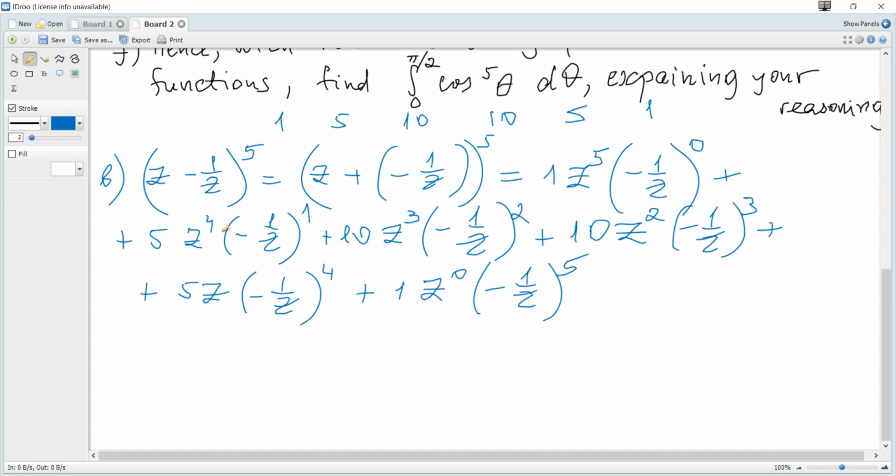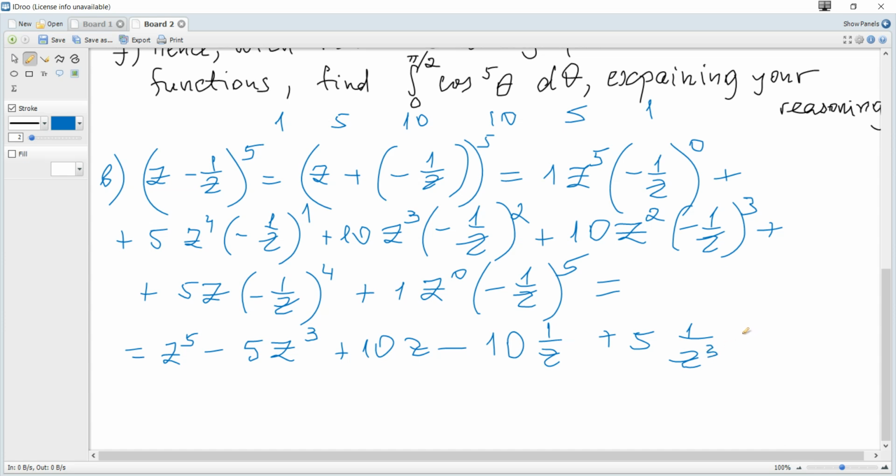Let's check. 5, 4, 3, 2, 1, 0, and 0, 1, 2, 3, 4, 5, with coefficients 1, 5, 10, 10, 5, 1, correct. So let's simplify. It becomes z to the power of 5 minus 5z cubed plus 10z minus 10 times 1 over z plus 5 times 1 over z cubed and minus 1 over z to the power of 5.